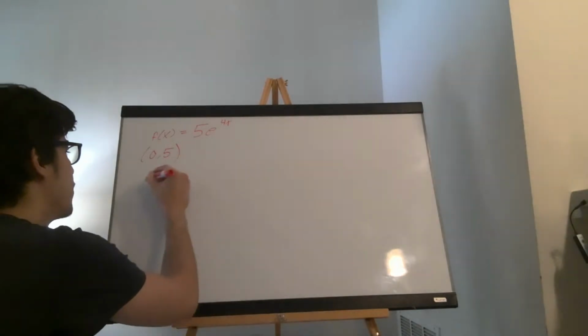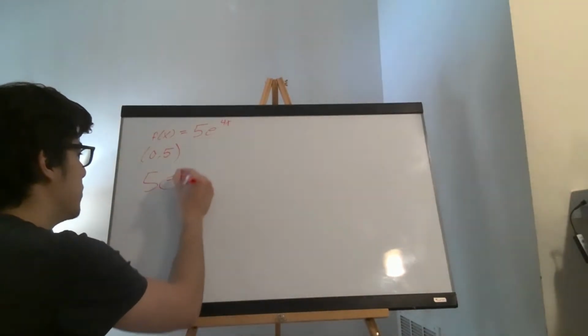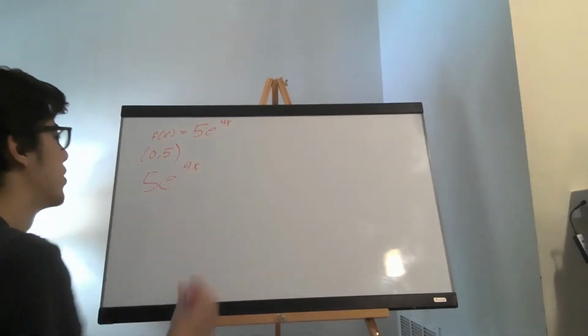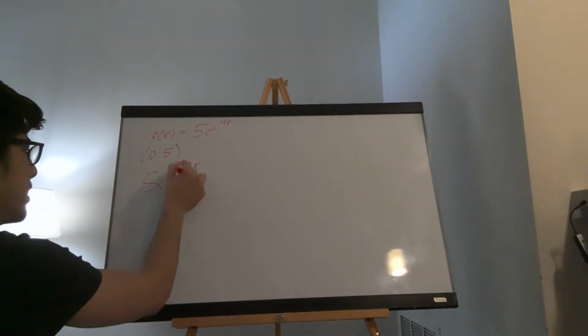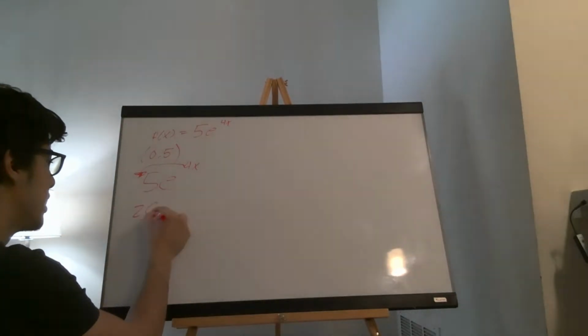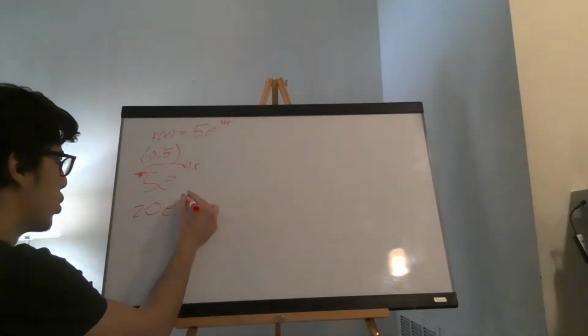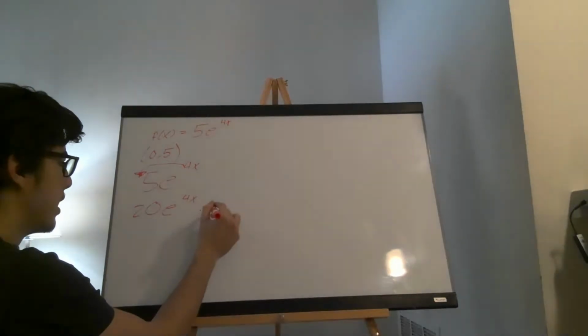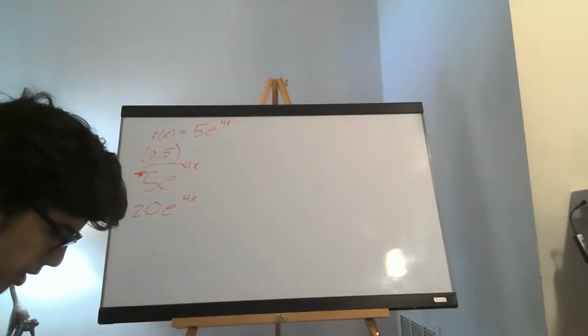So if we've got 5 times e to the 4x and we want to differentiate this, we take the 4 and bring it out, so now we get 20 times e to the 4x, and then multiply by the derivative of the inside.